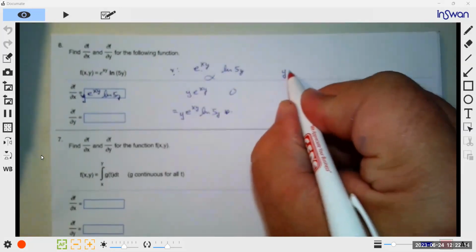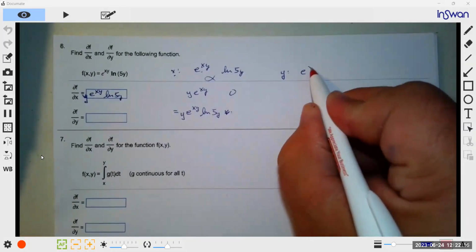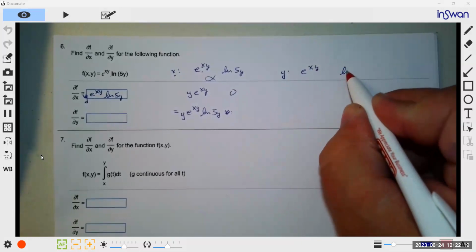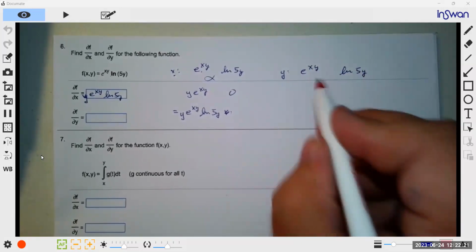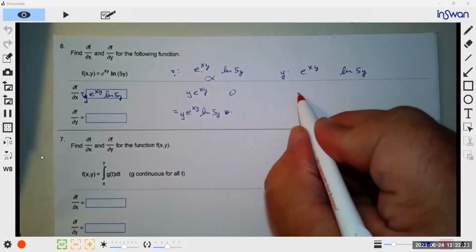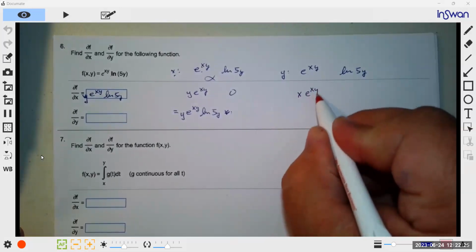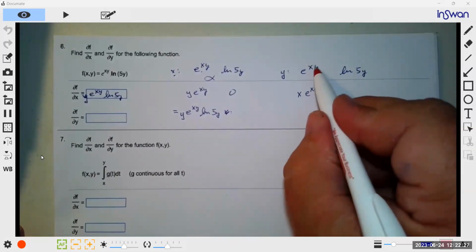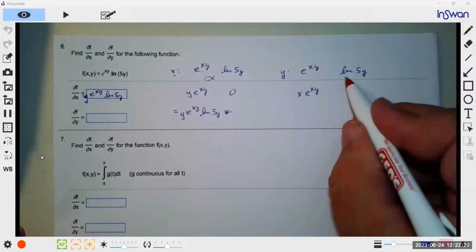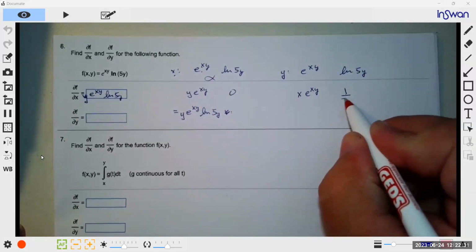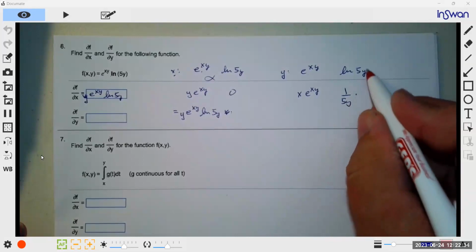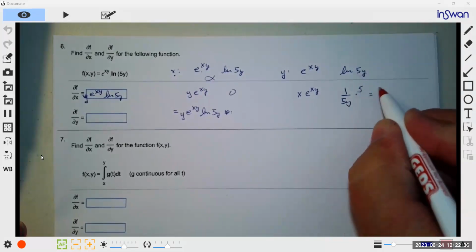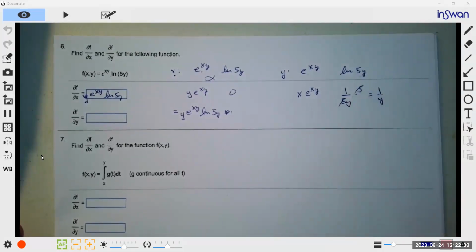Now with respect to y, I have e to the xy ln 5y. The derivative of this one is x e to the xy, because the derivative of y is just 1. It's an ln, so it's 1 over 5y times the derivative of the inside, which is 5, which is just 1 over y.